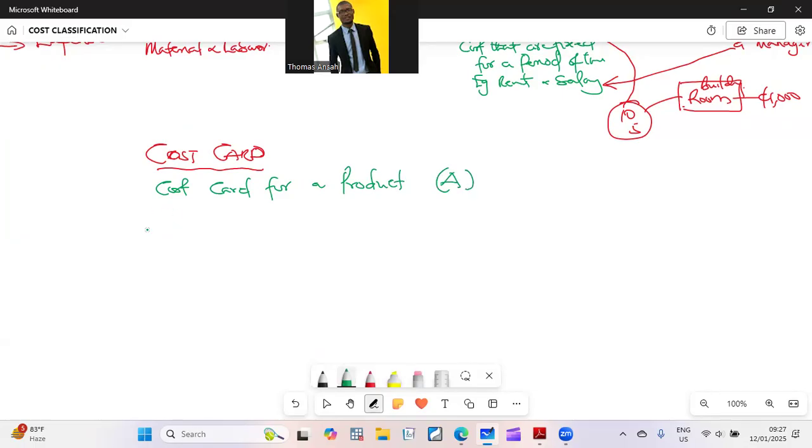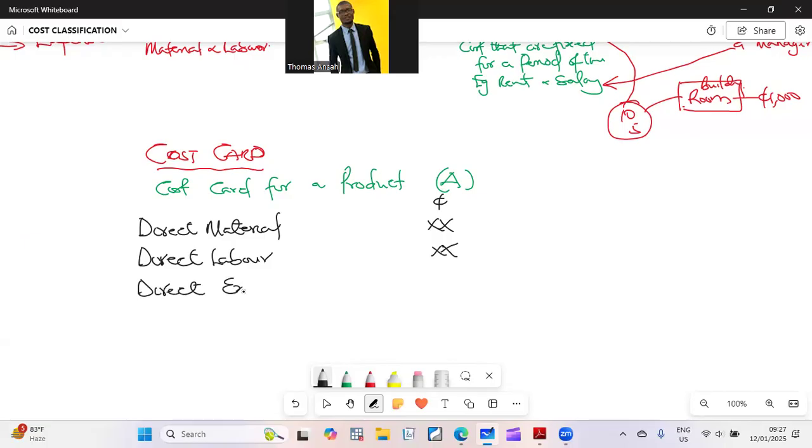So we start with our direct cost. So direct material, those ones that are direct to the production. You have direct labor. Then we have direct expenses.